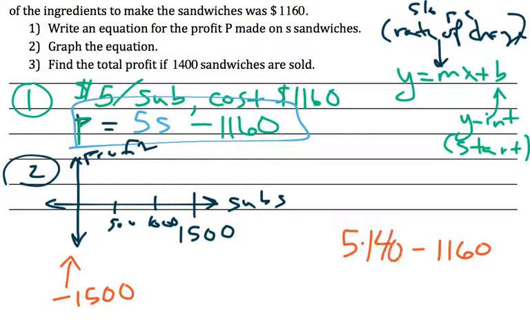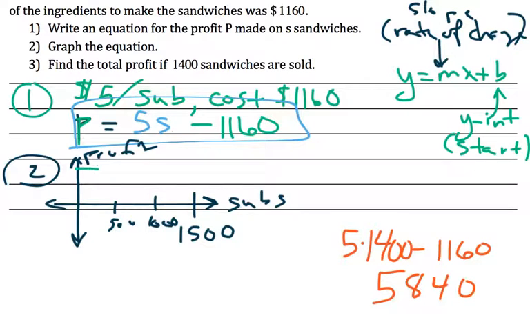And since they're telling me to figure it out for 1,400, I'm rolling out my calculator and I'm doing 5 times 1,400 minus 1160. And that gives me 5,840. So there's 5,840. That means that my profit needs to go to 10,000, I guess.